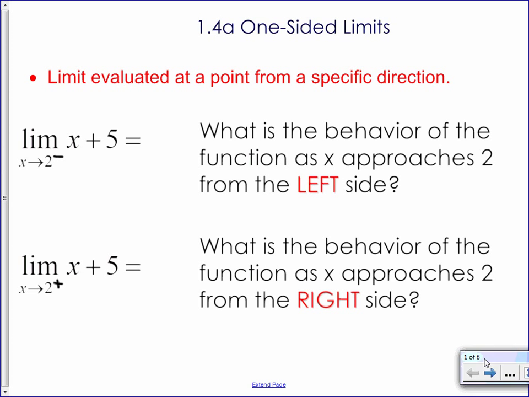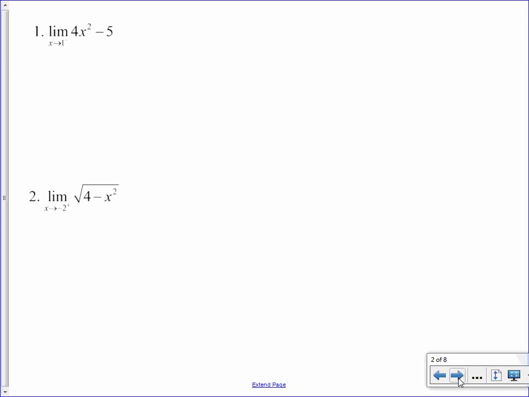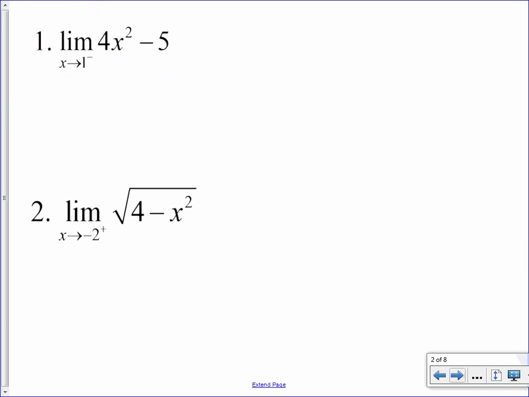You might get some problems that look like this. The limit as x approaches 1 from the left of 4x squared minus 5. We have the same thing with direct substitution. If we're not at a break or a hole or an asymptote or anything like that, we can just plug 1 in.